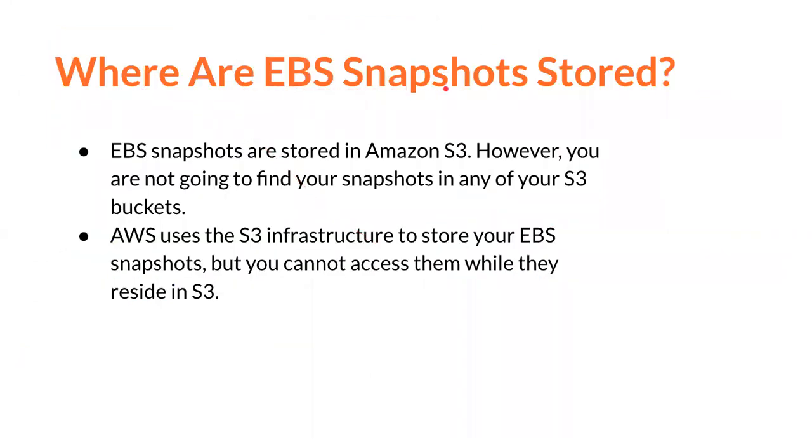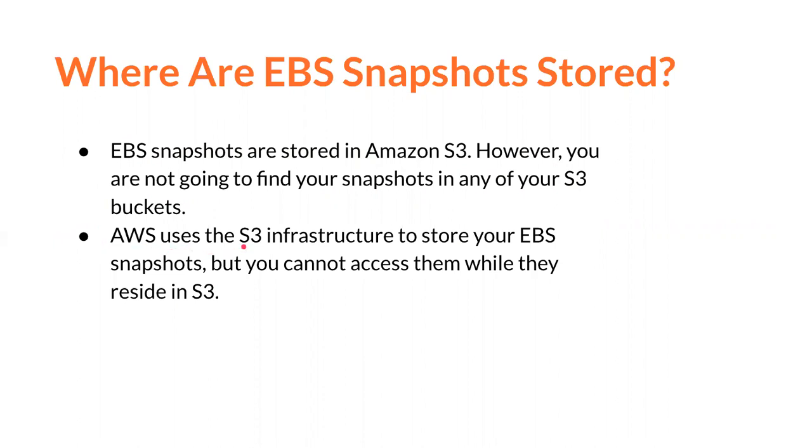And next, where are EBS snapshots stored? EBS snapshots are stored in Amazon S3. However, you are not going to find your snapshot in any of your S3 buckets, because it is created and managed by the AWS side.